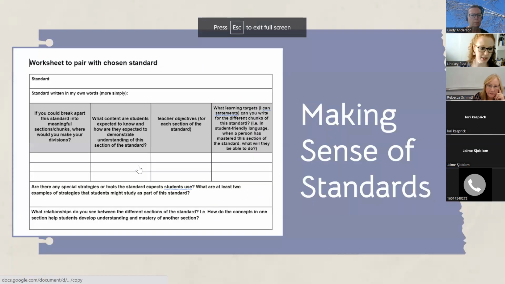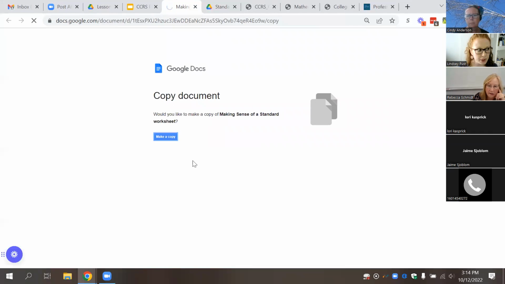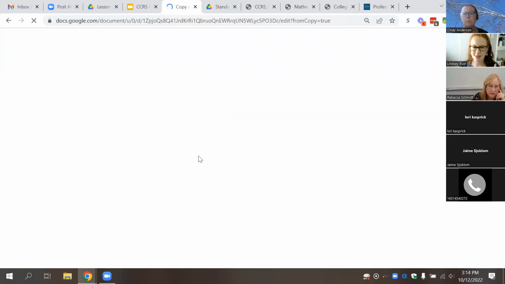The last resource is this making sense of a standard document. And you completed an activity with a similar worksheet.